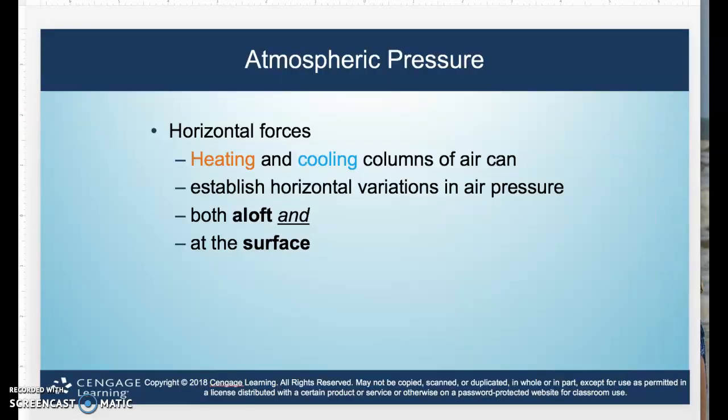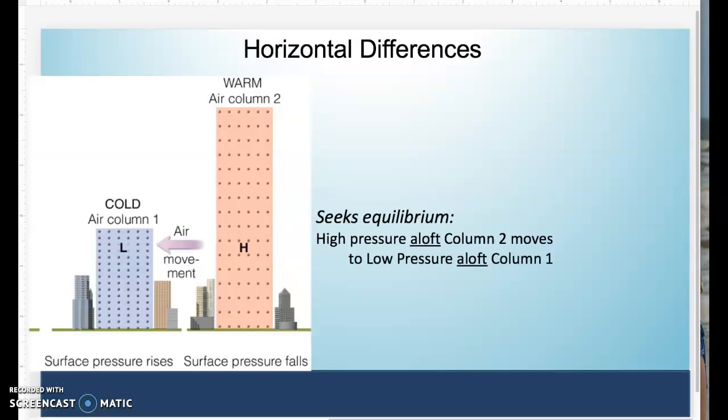But you can also establish variations in air pressure both aloft and at the surface by heating and cooling these columns of air. You know that pressure seeks equilibrium. So if you have higher pressure in this column, it's going to migrate toward the lower pressure area. You're going to move from high pressure to low pressure.